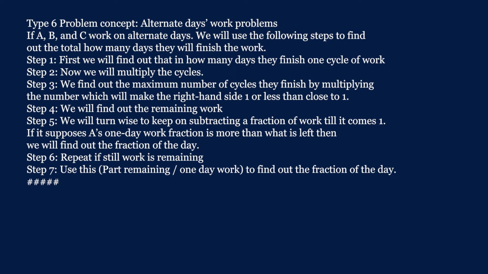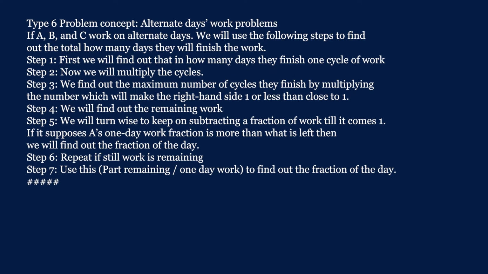So then if work is not completed, we subtract whatever work is done from 1 and find the remaining work. Then turn-wise, now A's turn has come, so we keep on subtracting that part of work, right? Once the remaining work becomes 0, then only we say that the question is solved.